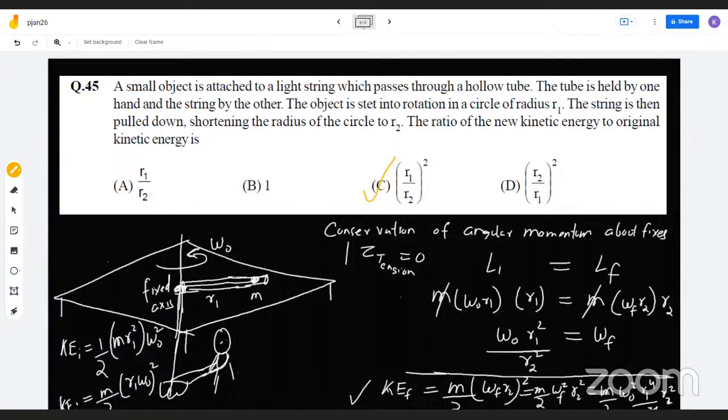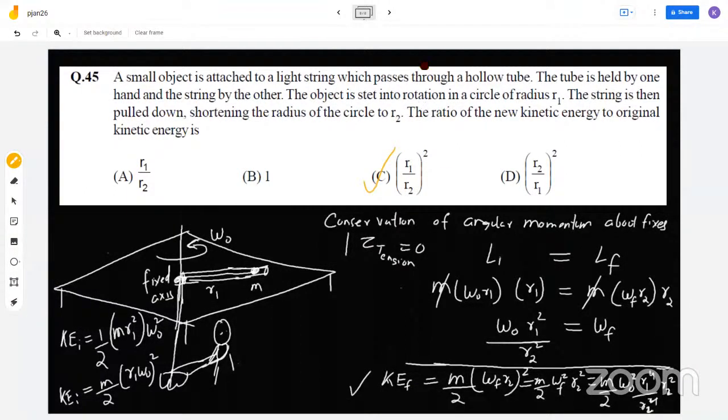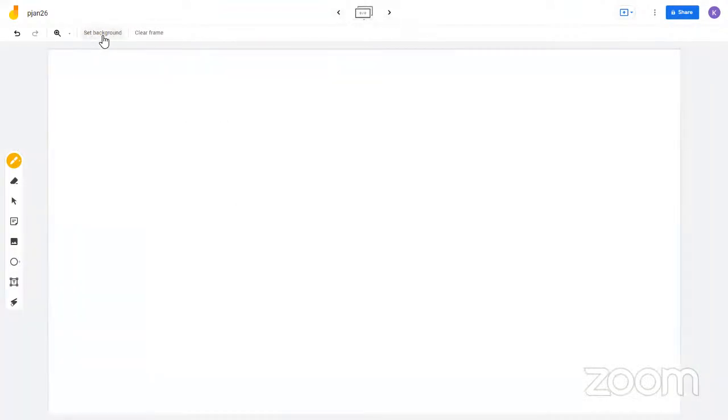Everybody understood this one? Please ask if any doubts here. One minute.